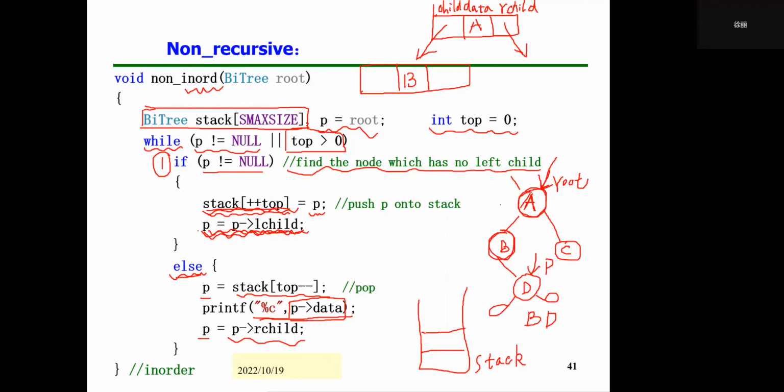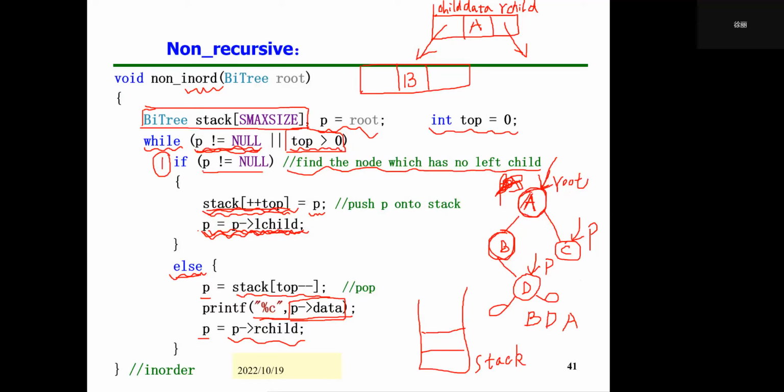P will point to A. And now we can visit A, right? And then we change P to go right. So P points to C, right? The loop condition is P is not null or top is greater than 0.